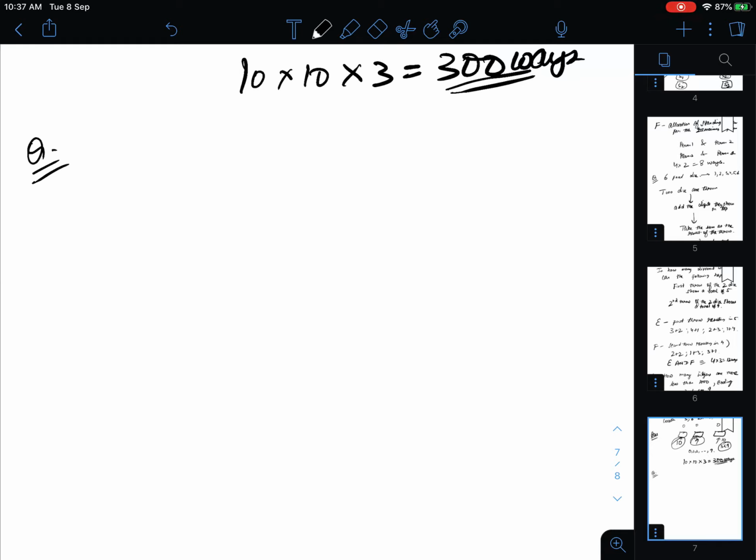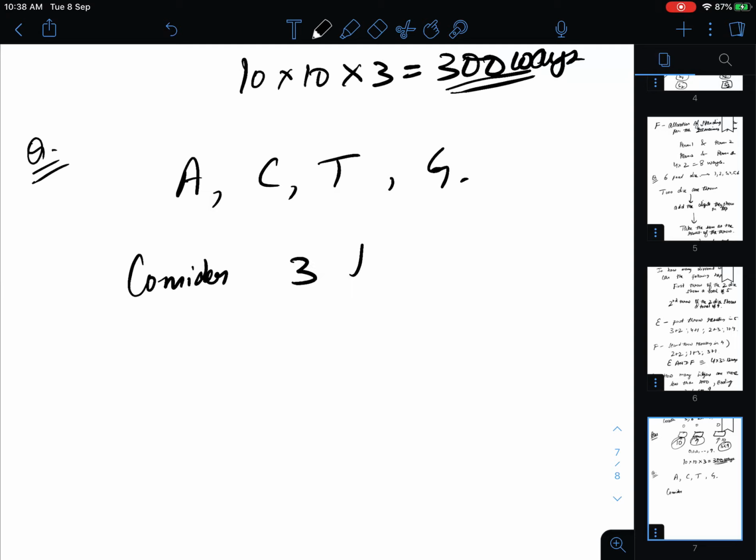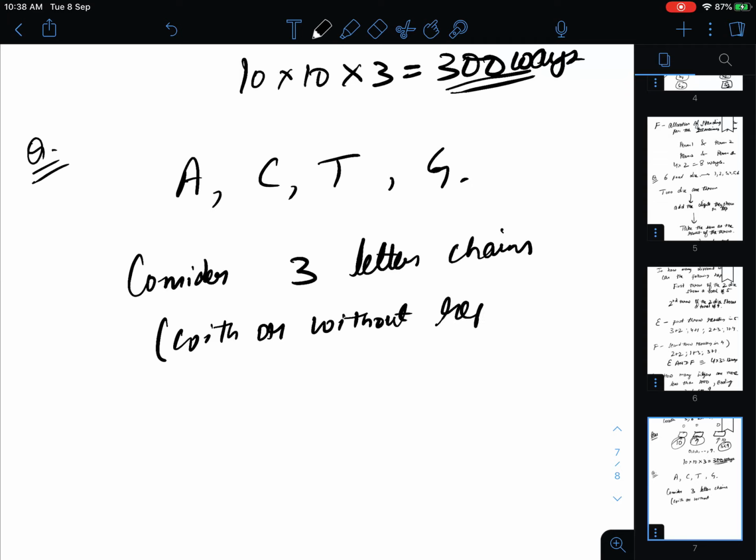Okay, a DNA chain is composed of basic building blocks in the form of 4 chemicals known by the symbols A, C, T and G. Okay, now consider 3 letter chains consisting of these symbols with or without repetition. Okay, the question is, how many such chains are there?